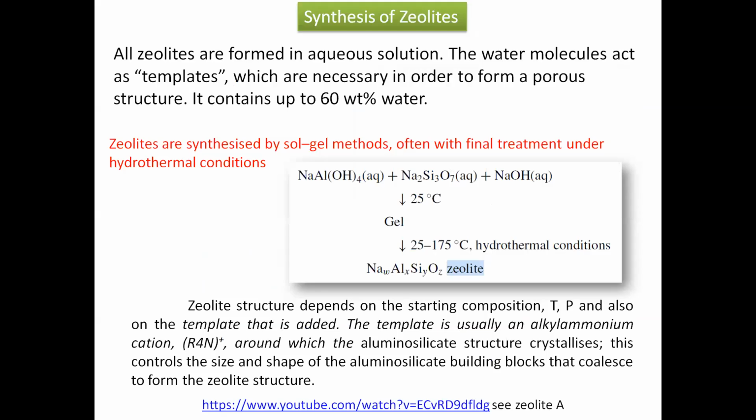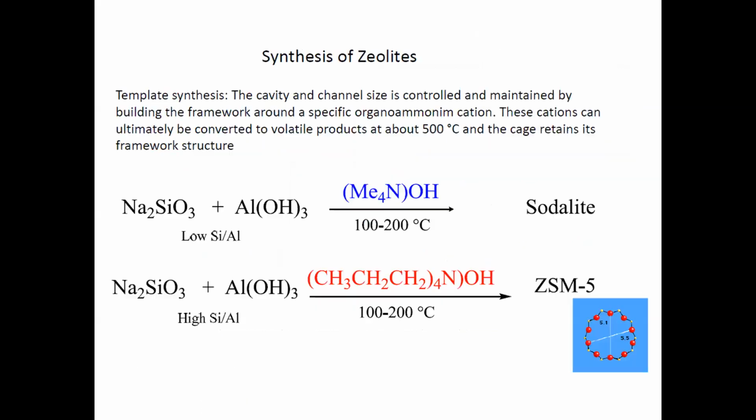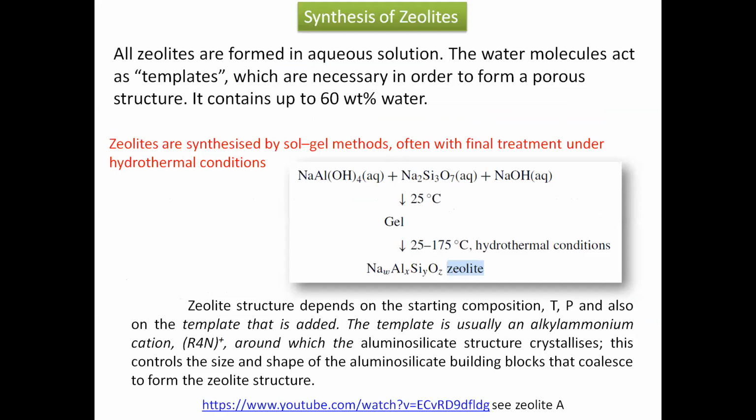So I'll show you. Let us discuss the synthesis. Then we'll see a couple of videos and we'll stop this part. So synthesis is that, as we know, it contains water, so the synthesis will have to take place in water.